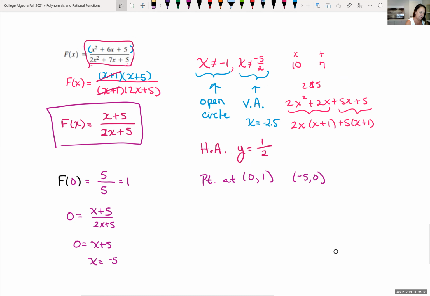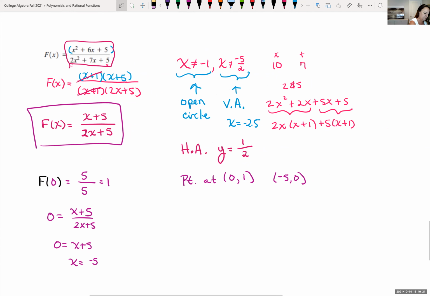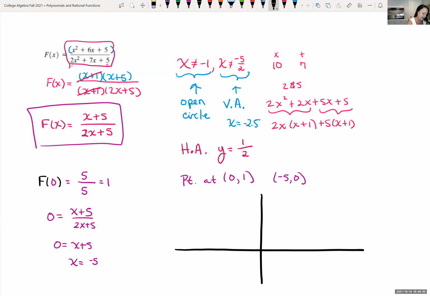So let's graph what we have. We have a vertical asymptote at negative 2.5. And so we're going to put a dotted line at negative 2.5.